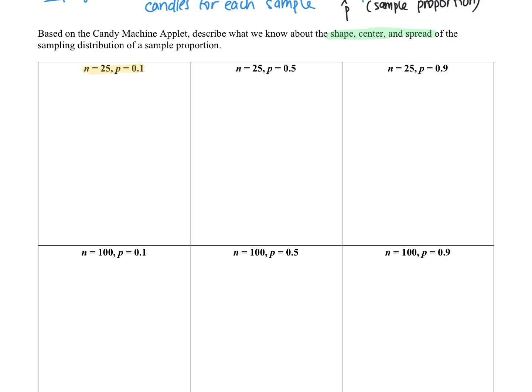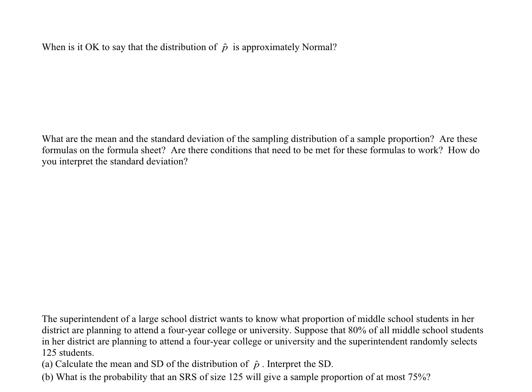Okay, we're going to write all of that down and formalize what you all just discovered on the next page. So the first thing, when is it okay to say that the distribution of p hat is approximately normal?